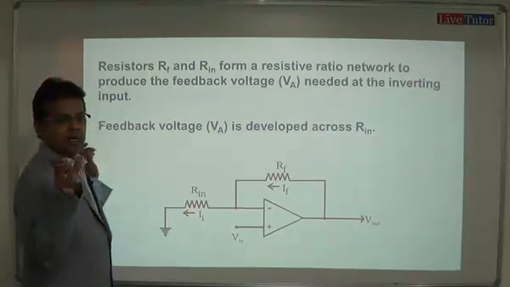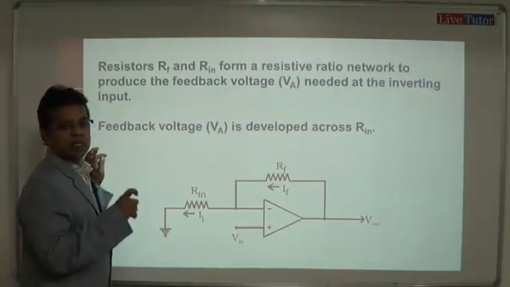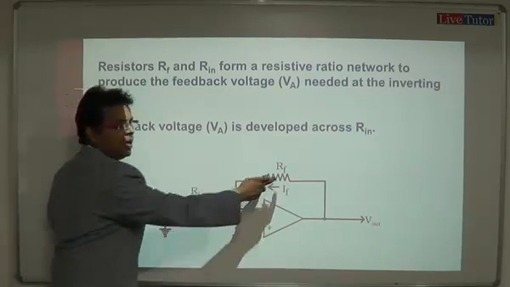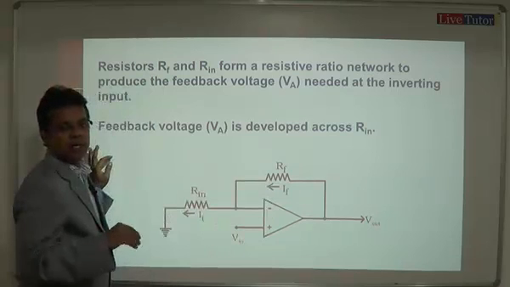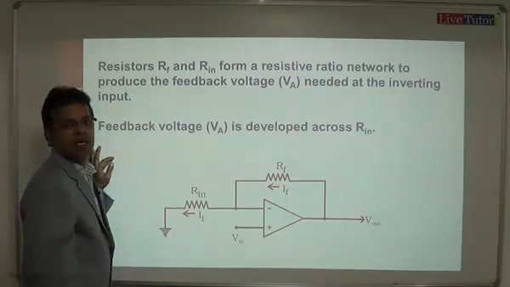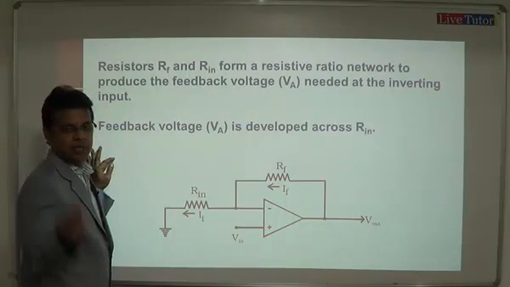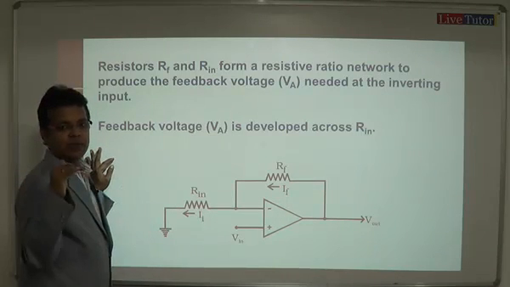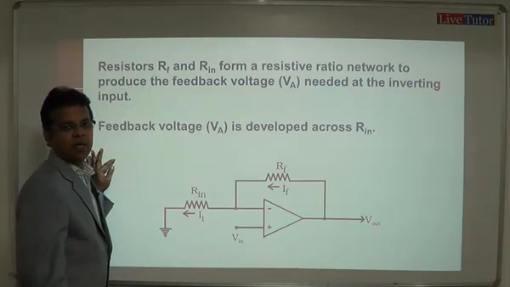Now there is a new concept here: the resistors RF and RN. In the previous one they formed a series circuit. Here it is forming a resistive ratio network, because it is providing the feedback voltage.